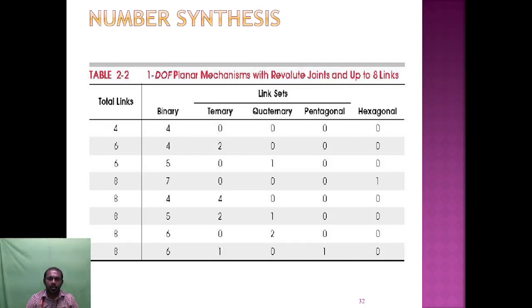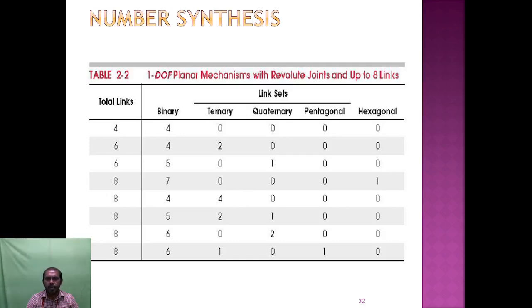It continues. Link 8: totally 8 links, binary 7 and hexagonal 1 is possible. Another case for 8 links: binary 4, ternary 4, the remainder 0, is possible. Another is possible: binary 5, ternary 2 and quaternary 1. Another is 6 binary and 2 quaternary.